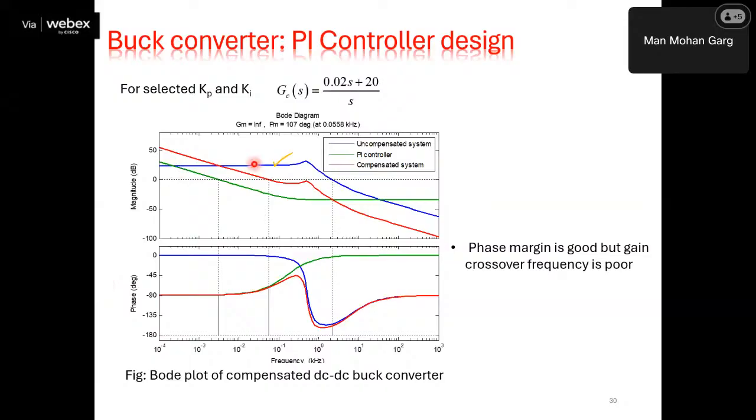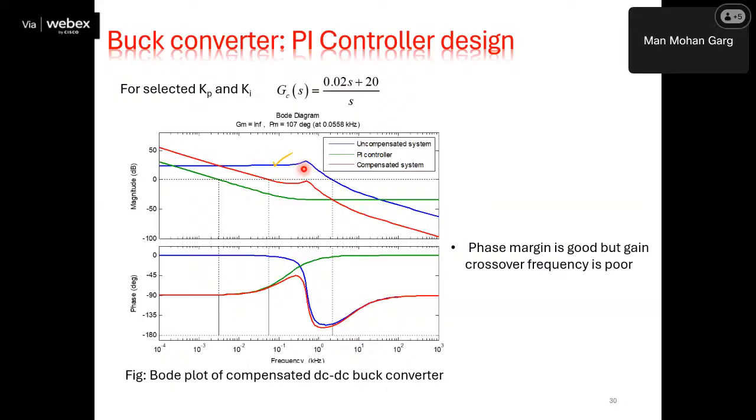This is the magnitude plot and this is the phase plot. And it has constant gain in the low frequency region.